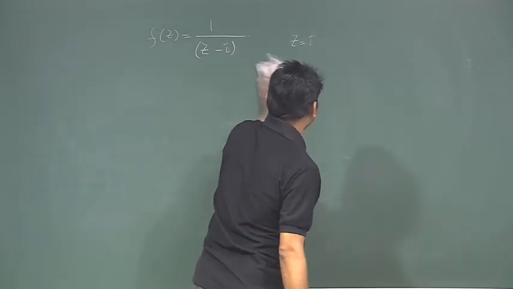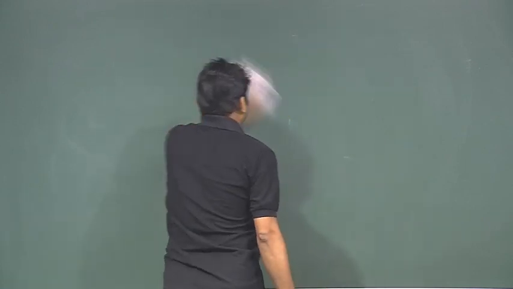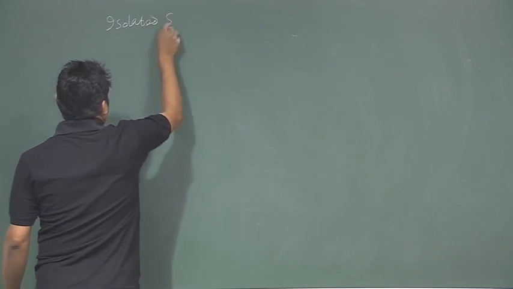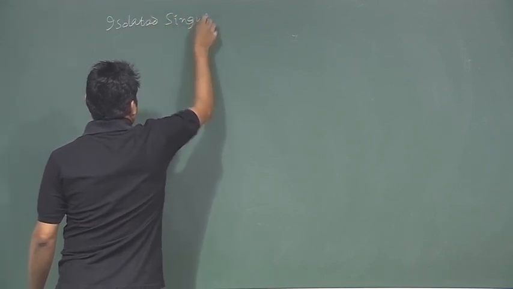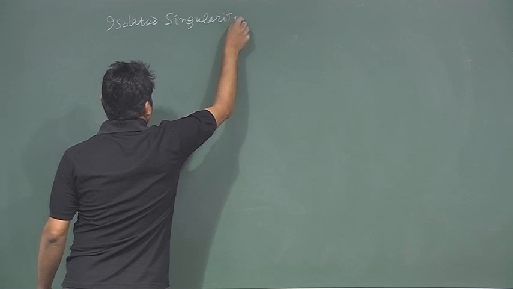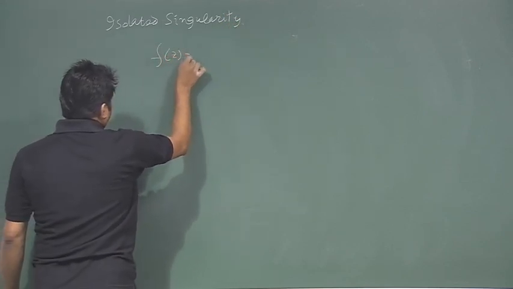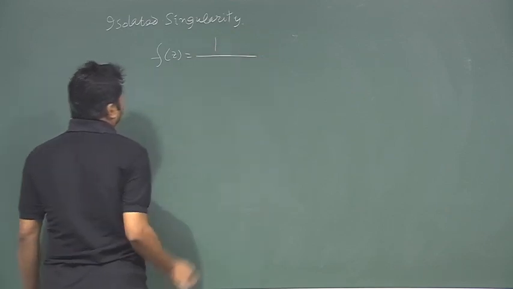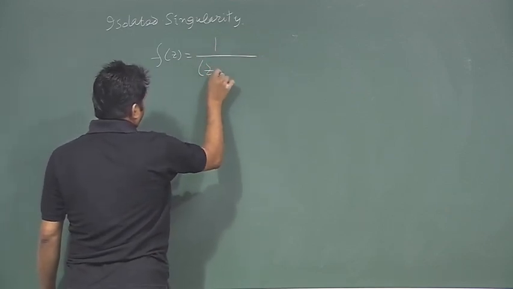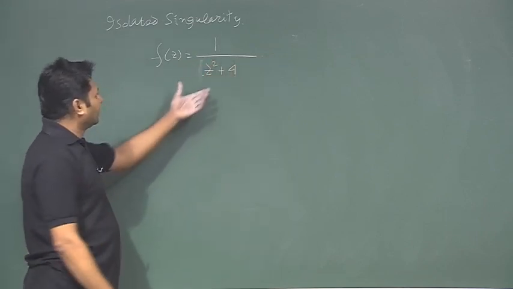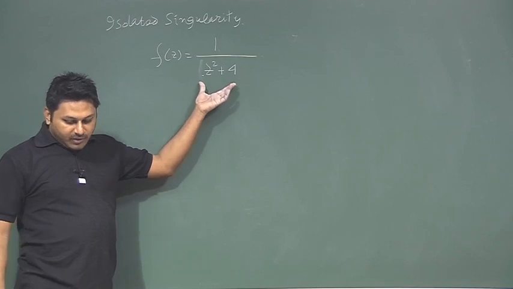Now I understand what is the meaning of a singular point. Next is isolated singularity. Say this is the function.